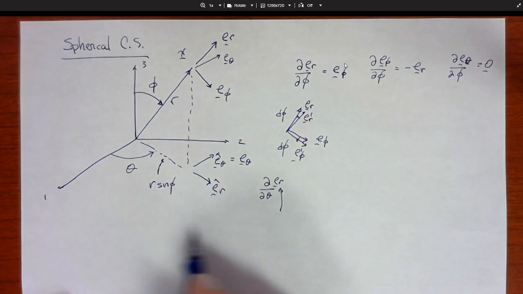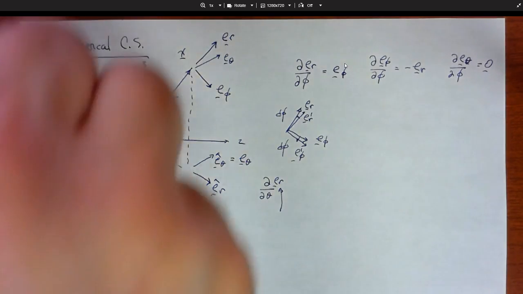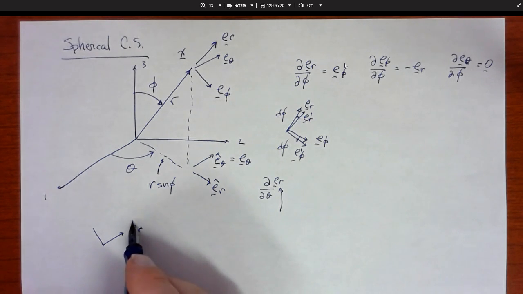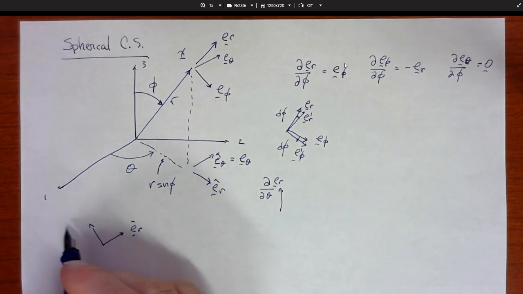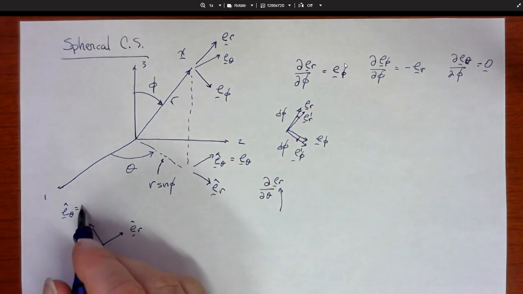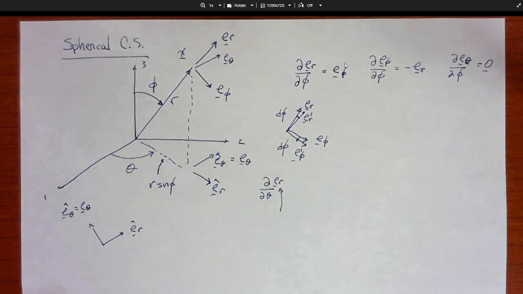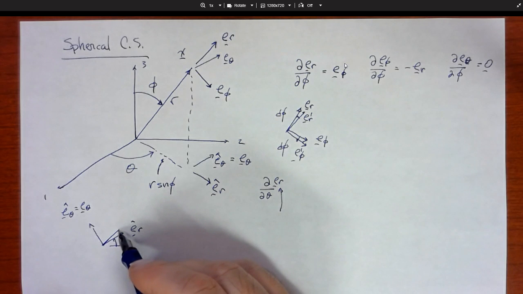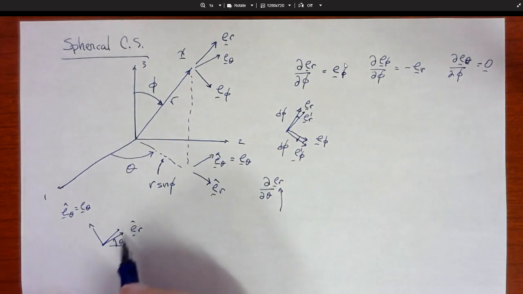So again, looking straight down, this would be ER hat. This would be E theta hat, which also equals E theta. And this is the angle theta. So if we perturb it by d theta, we can see what's going on here, right?